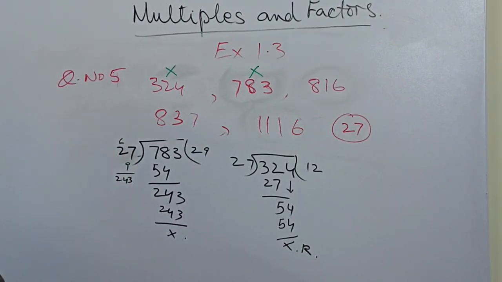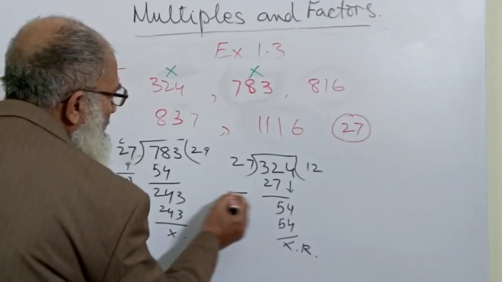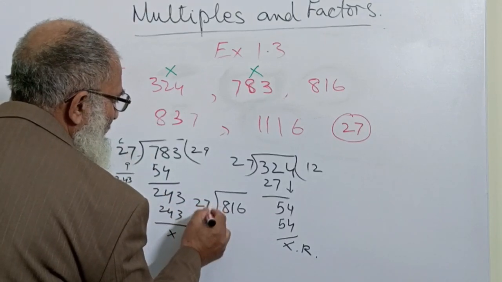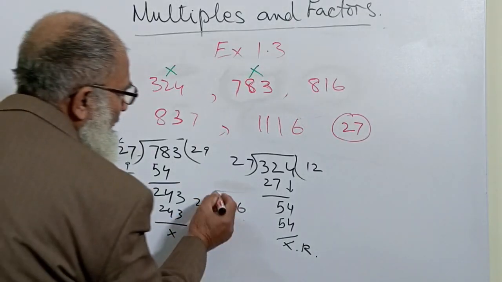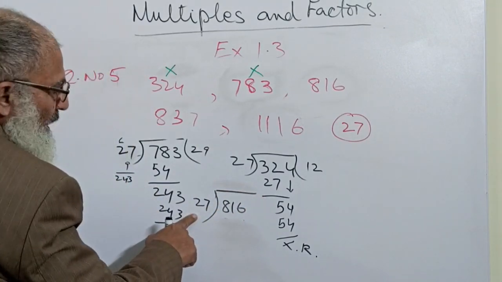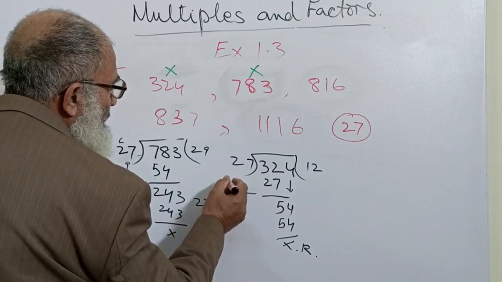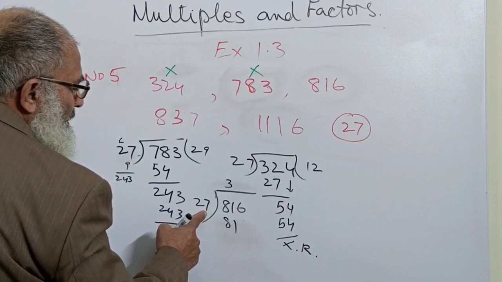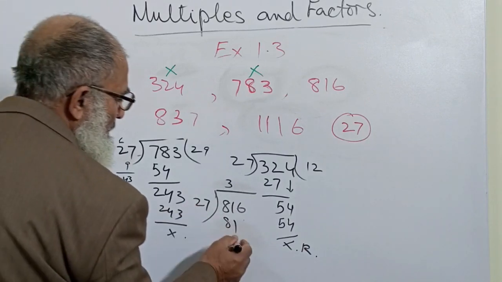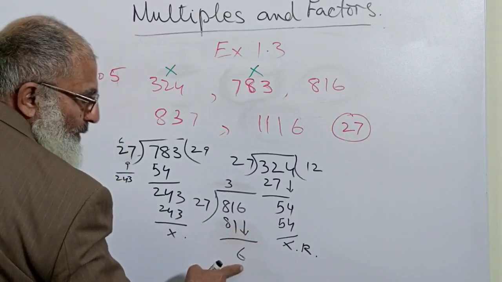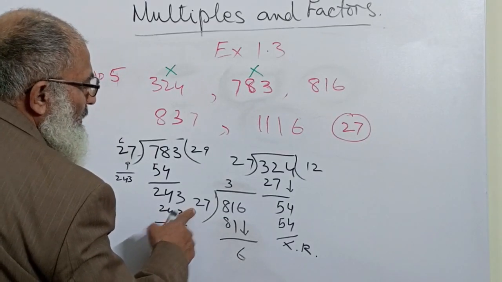Next number, 816. Our next number is 816. We have to divide it by 27, so it goes on 3. 81, 3 7s are 21, 3 2s are 6, and 21, and 6 comes from here. So 6 is not divisible by 27.